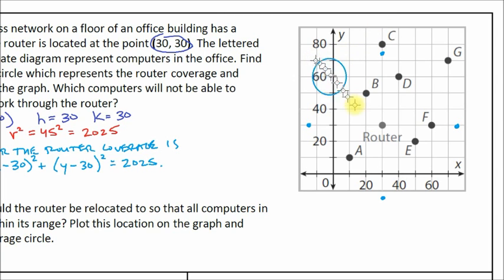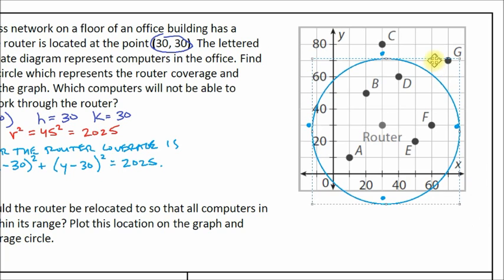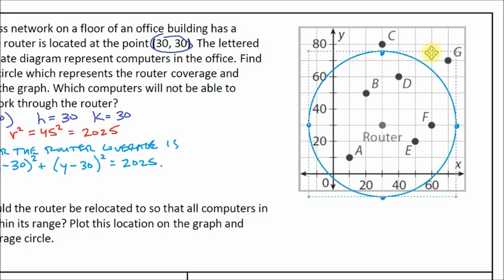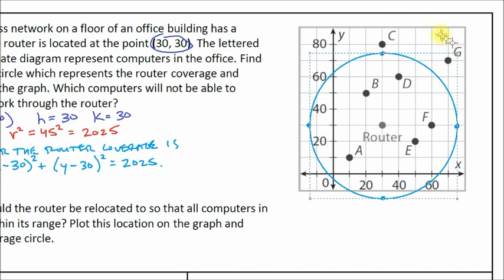I want you to go ahead and sketch that circle. I'm going to try to draw that circle. Do my best. See if I can get that to line up. Looks like I'm a little bit tall. That's pretty good. Let's do it right there. So sketch that circle, and when you do that, class, there's the range of our router.